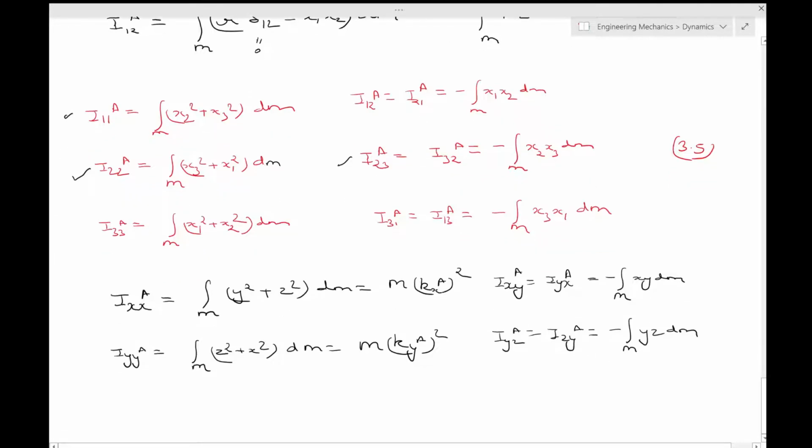Okay, and this is equation 3.6, all three of them, or as many of them, 9 of them actually. Okay, and the last one would be Izz of A, the integral of (x square plus y square) dm, which is m kz whole square.